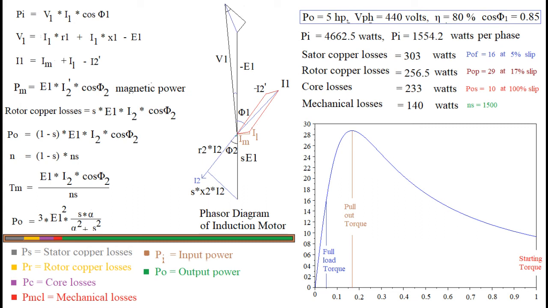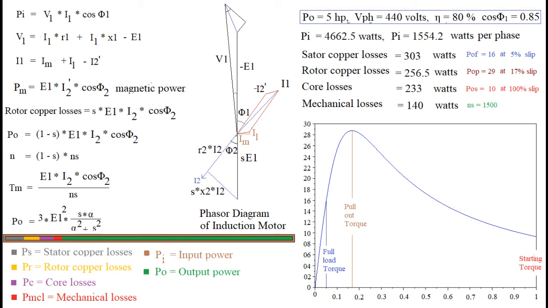Various losses that we have calculated are stator copper losses 303 watts at 6.5%, rotor copper losses 256 watts at 5.5%, core losses 233 watts at 5%, and mechanical losses 140 watts at 3%.